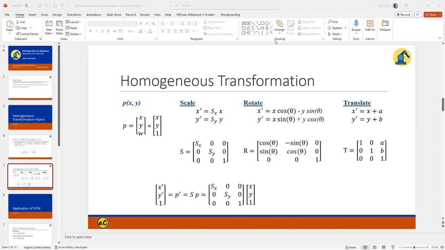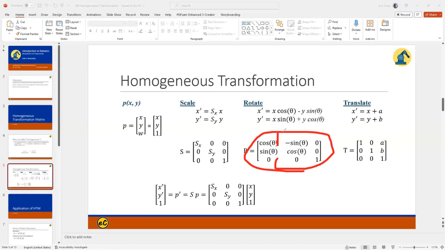So when you do scale, scale means that your XY enlarge or become smaller. This doesn't happen on a robot, but let's assume that you do have a scale. You scale up, your original scene becomes bigger, or you shrink it. So your XY, your scale matrix is like this. And if you do rotation, then your rotational matrix is like this.